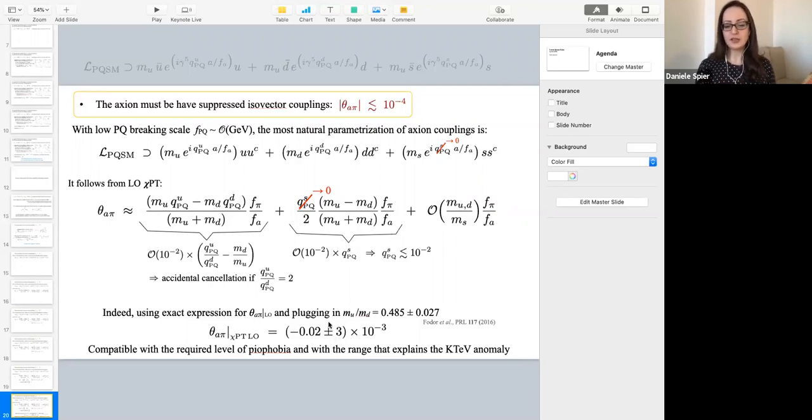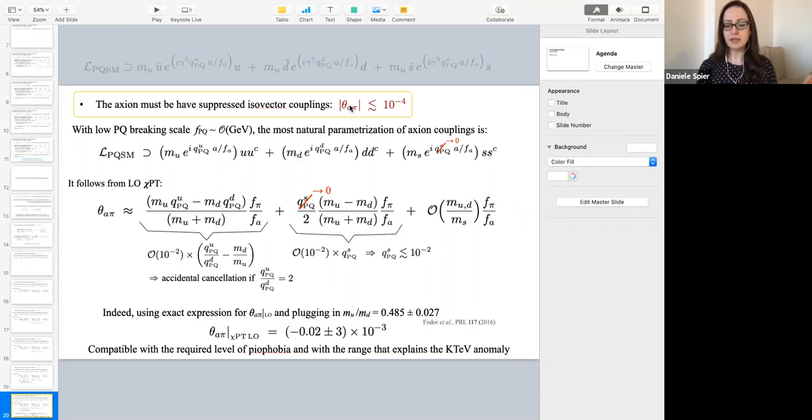My point is not to say that I have a very fine prediction for this mixing angle. My point is to say that pionphobia is compatible with the expectation that you have for this model for axion-pion mixing. So the small value of 10 to the minus 4 is compatible with this range.